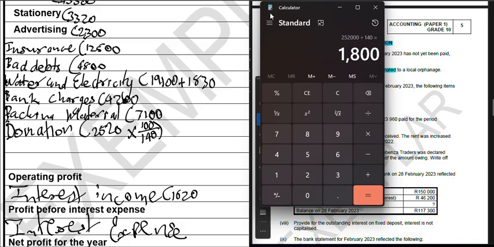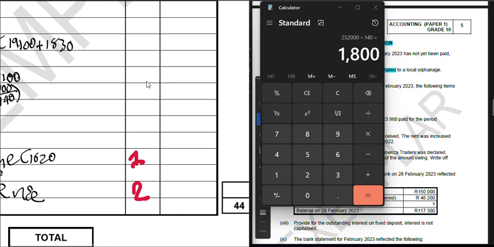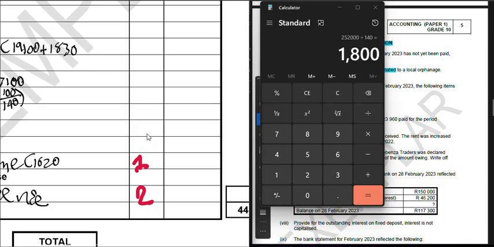So we are going to continue and then write that value where it's supposed to be written. 1,800. This amount has been written. Why are we writing this as a final amount? Because this is the only transaction which is related to donations.